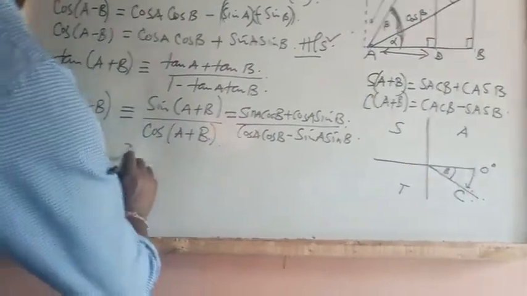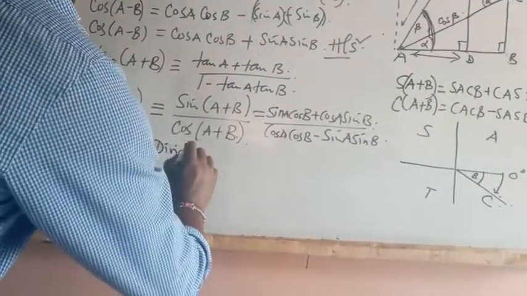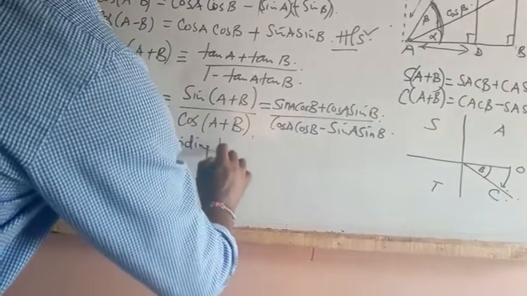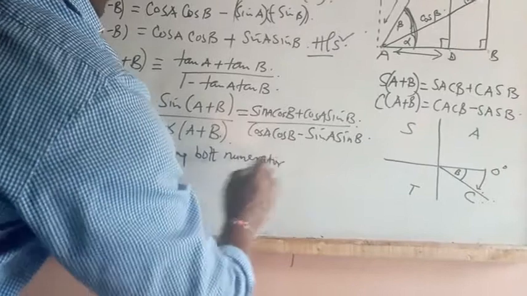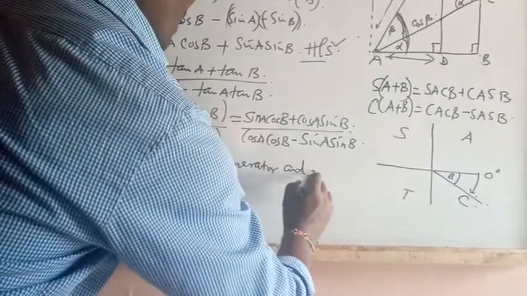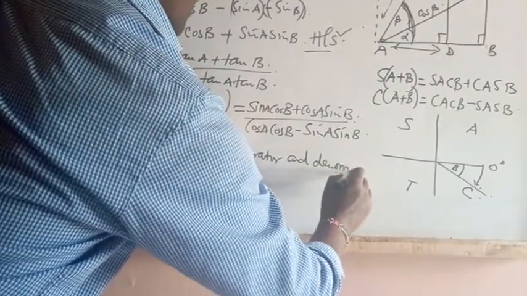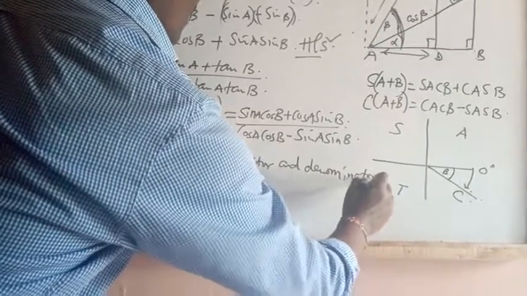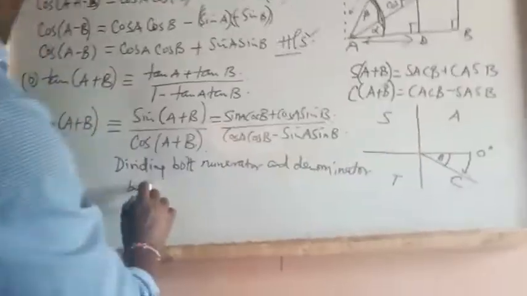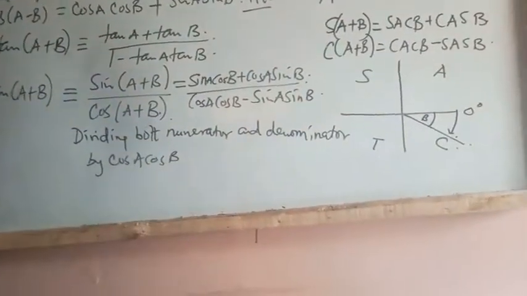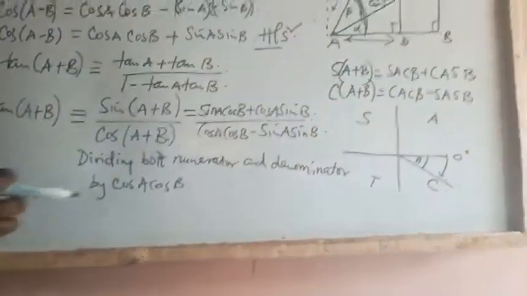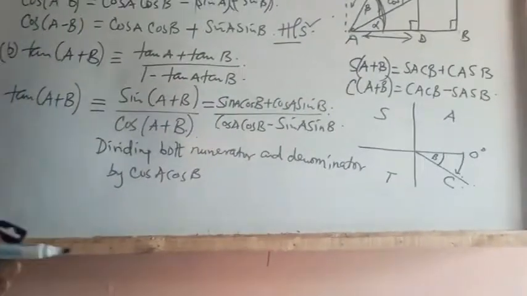So dividing both numerator and denominator by cos A cos B, let's do that. We have the following.